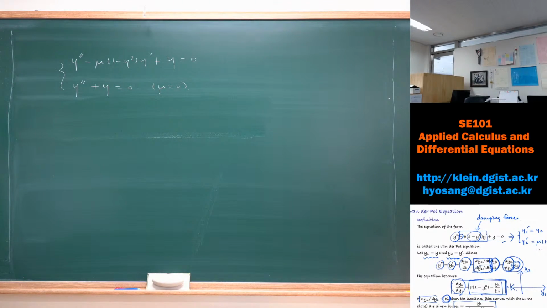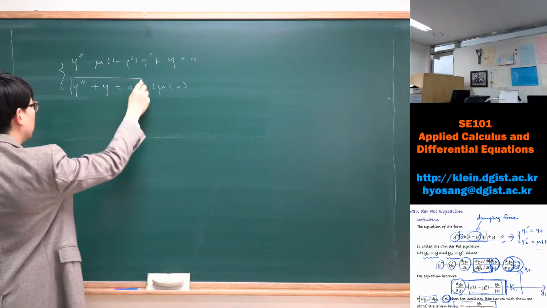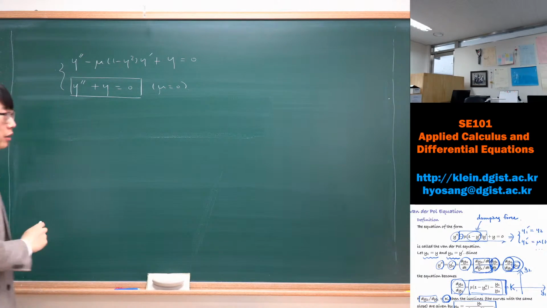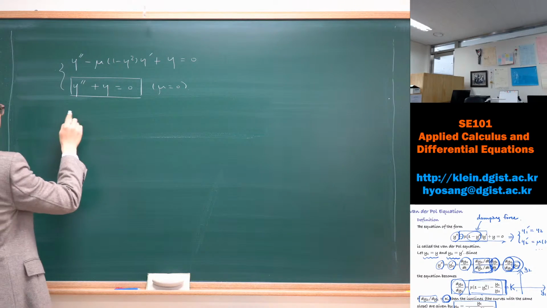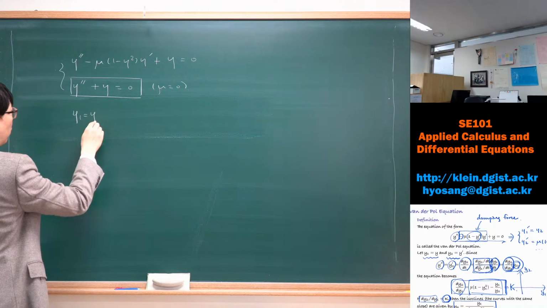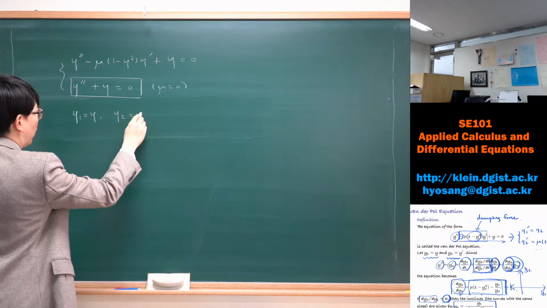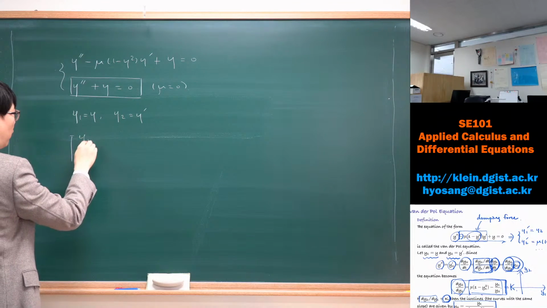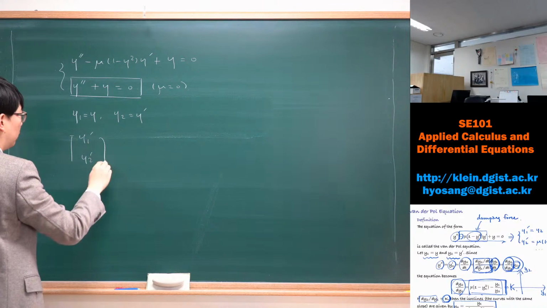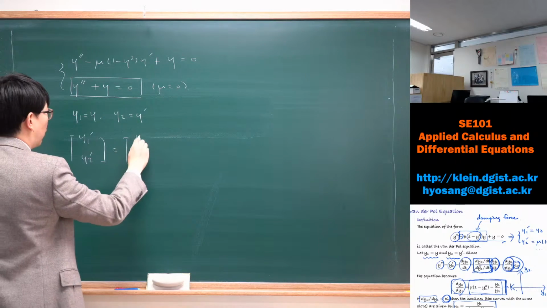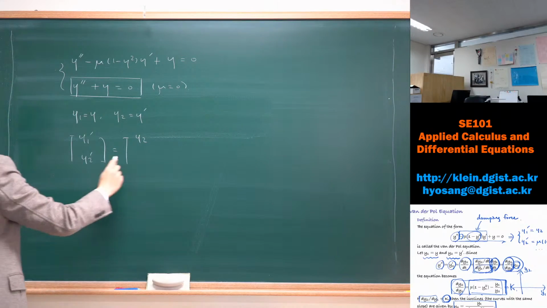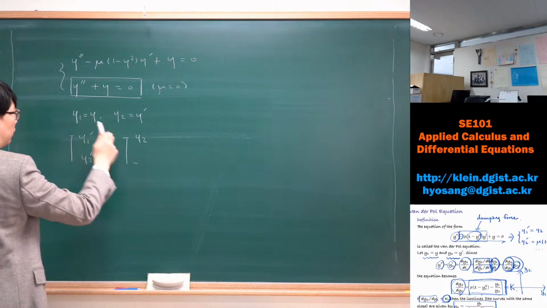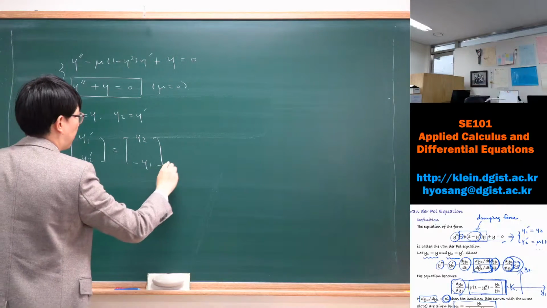So let's try to make this equation into a system of first order linear equations. First, by setting y1 equals y and y2 equals y prime, the system becomes y1 prime equals y2, and y2 prime is minus y, so it's minus y1.